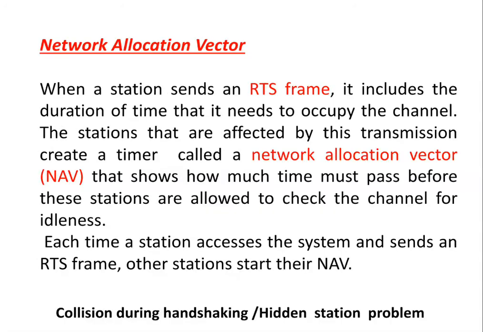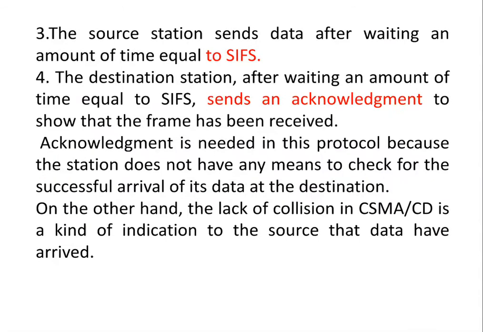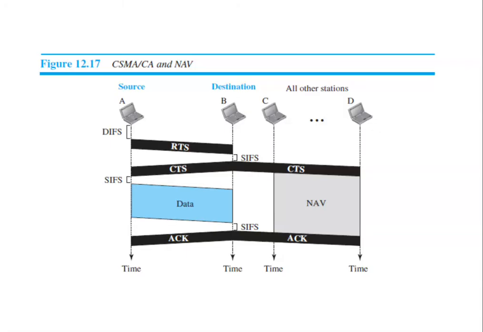And there is something called the network allocation vector, which you can see here. In this case, we can consider that A is the source and B is the destination.